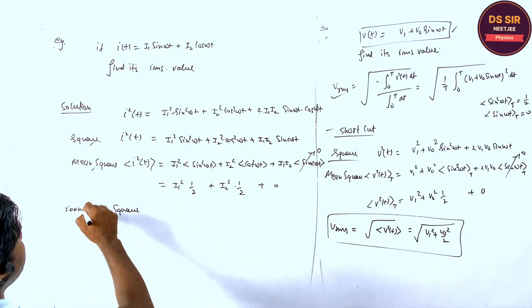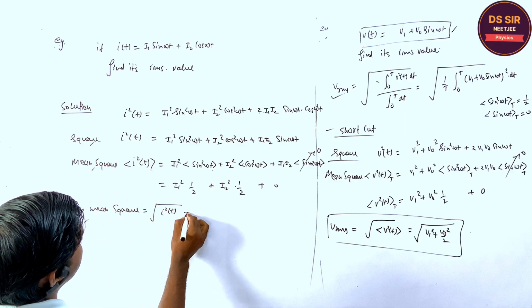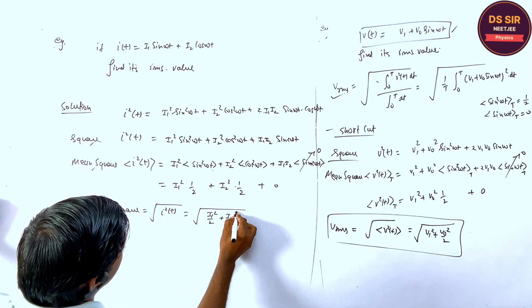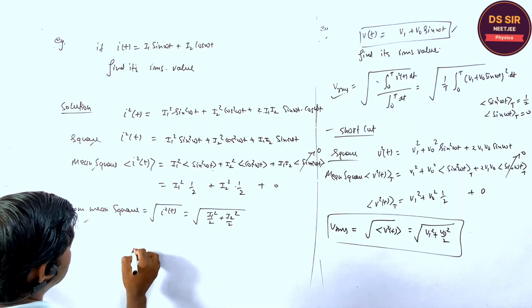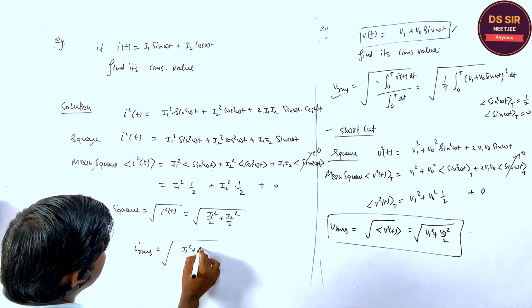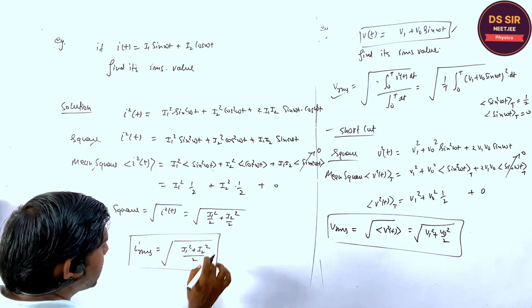This is the square, this is the mean square, then root mean square. So what is the answer? I1 square plus I2 square by 2. So what is the IRMS? It is equal to root over I1 square plus I2 square by 2. So this is the root mean square. Is it clear or not?